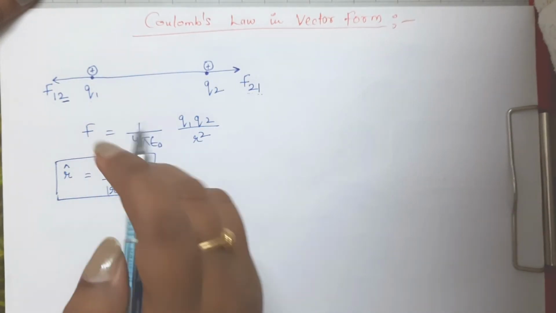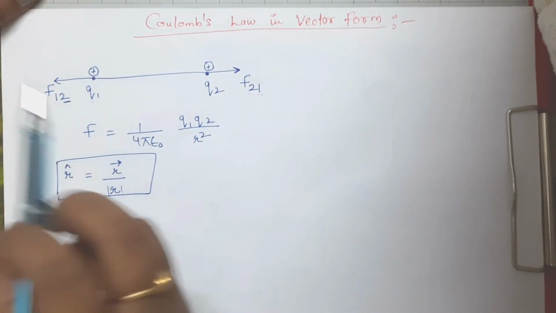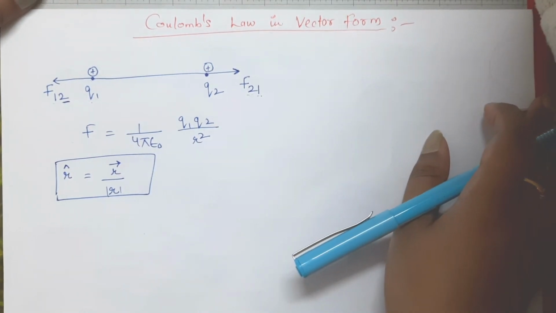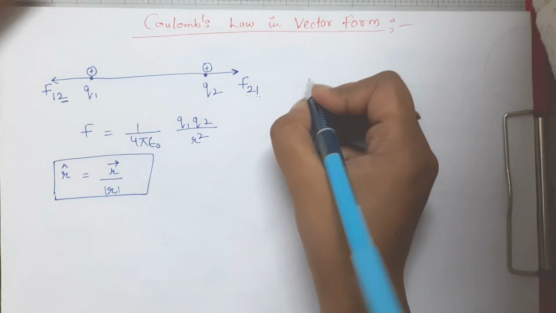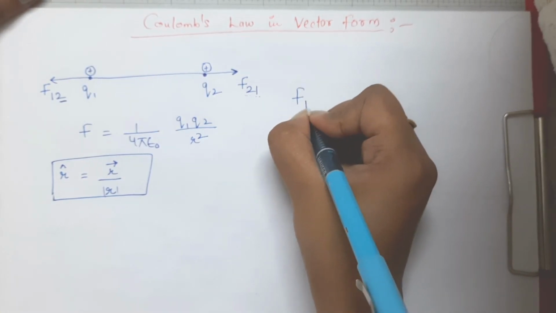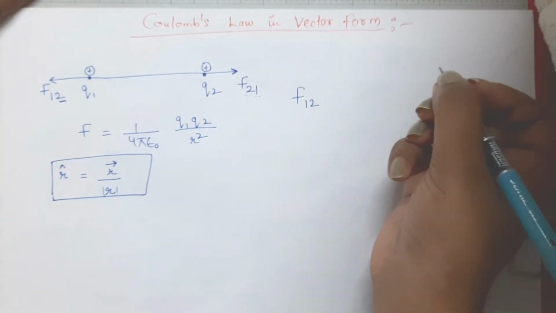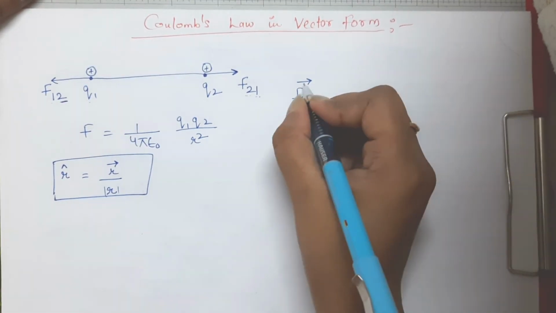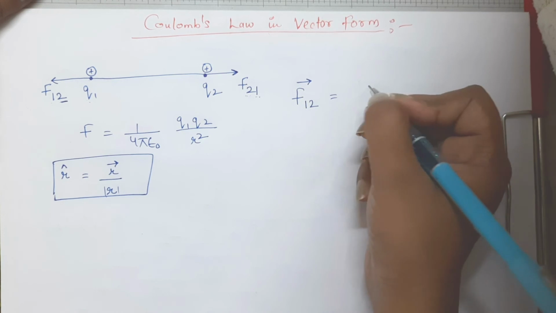So here, first we want to look at F12, that is the force acting on charge q1 due to q2. So first we are going to look at the force on 1 due to 2. Because it is in vector form, we are going to give it the vector sign.